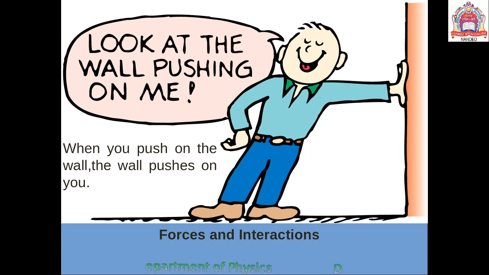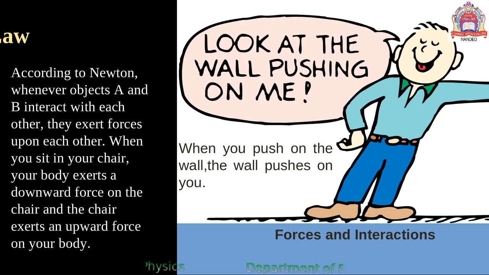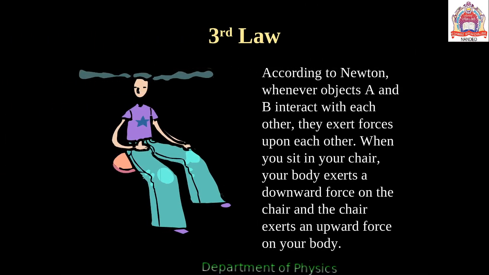So this is the force and interaction. According to Newton's law, whenever objects A and B interact with each other, they exert a force upon each other. When you sit in the chair, your body exerts a downward force on the chair, and the chair exerts an upward force on your body.